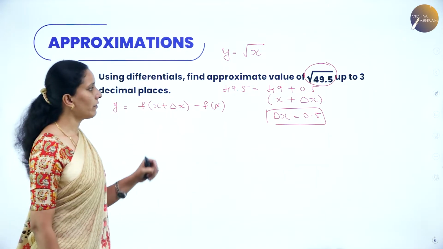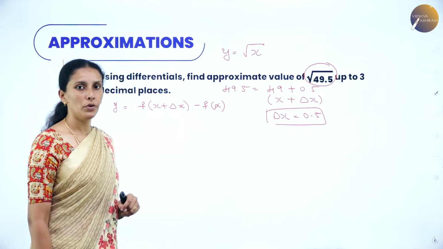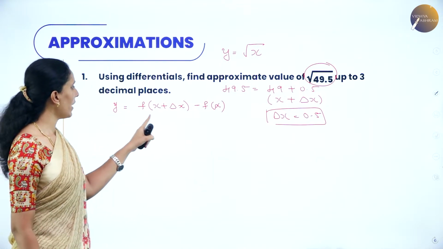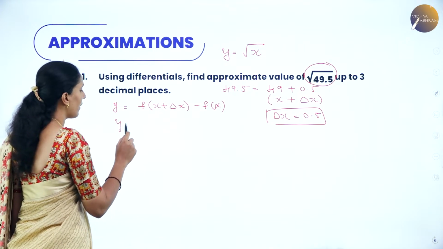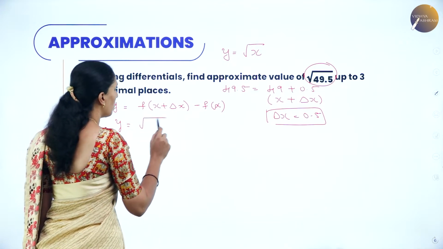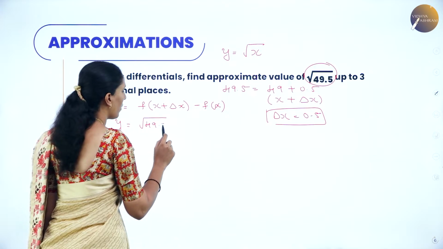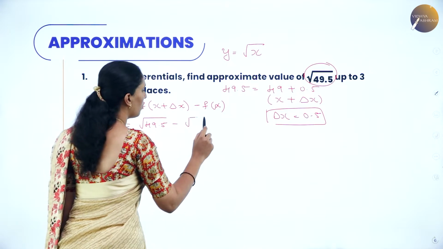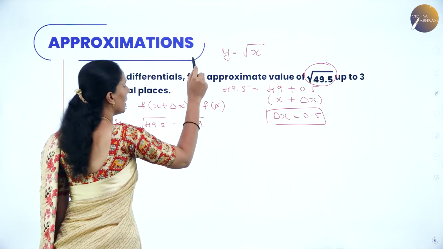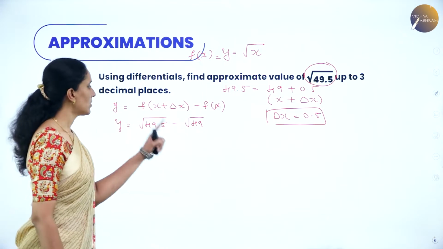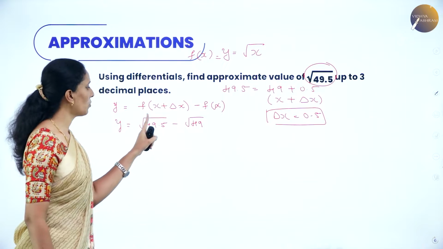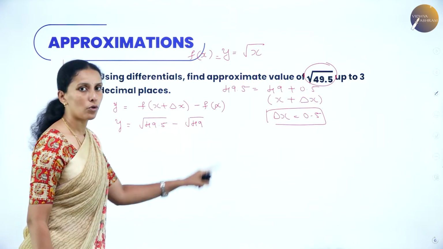Also, from the given question, we can take y is equal to root of x. So now here we have f of x plus delta x minus f of x. That's how I can write y is equal to root of 49.5 minus root of 49. So here f of x is nothing but y is equal to root x, and x means root of 49.